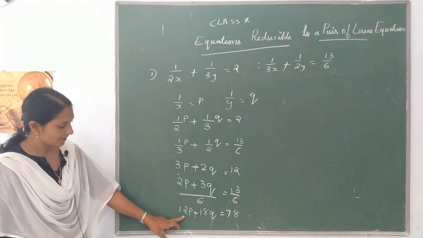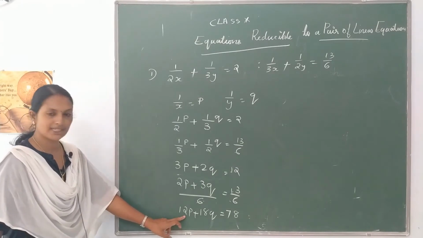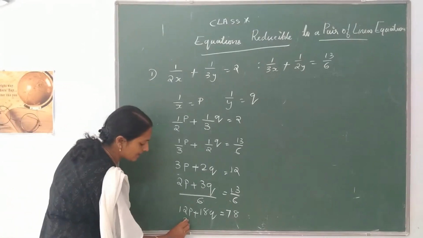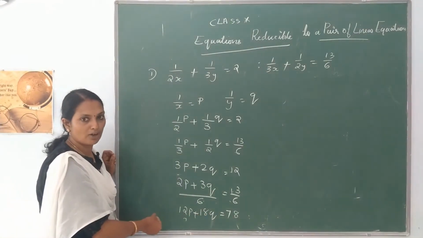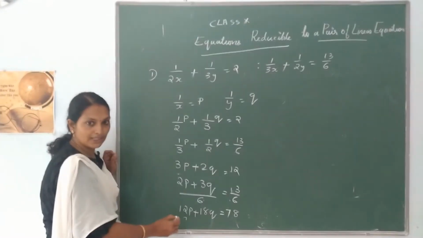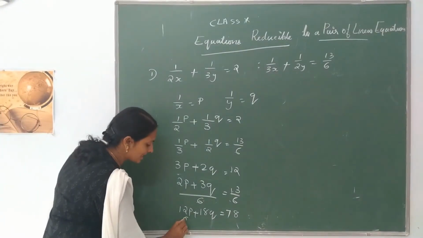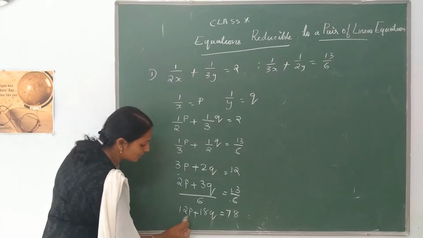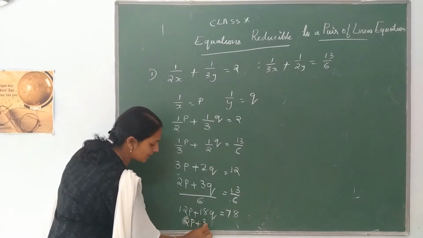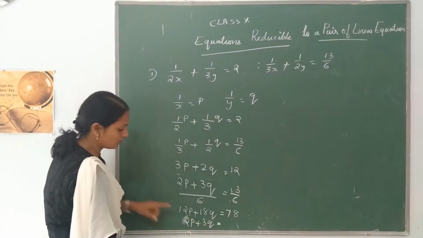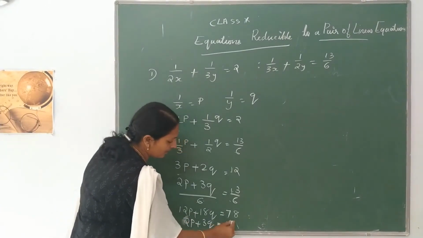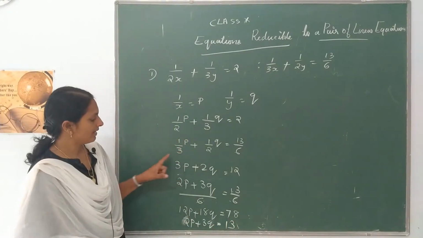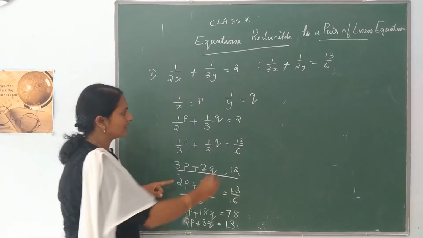Then you know that it has a common factor 6. Dividing throughout by that common factor, we will get 2p plus 3q is equal to 13.